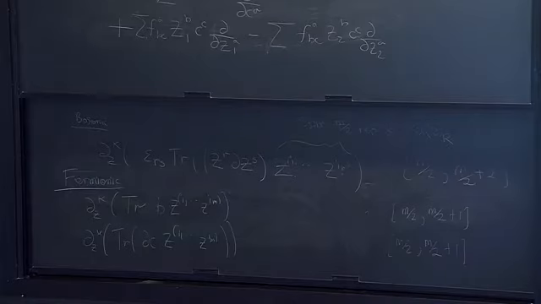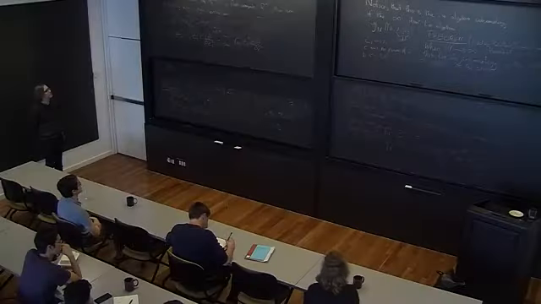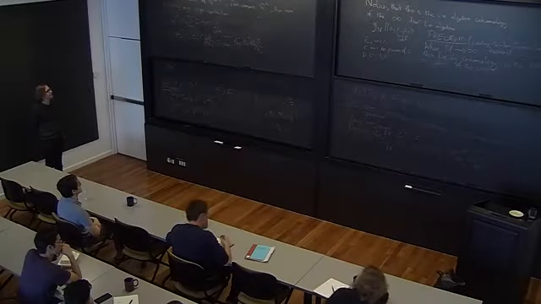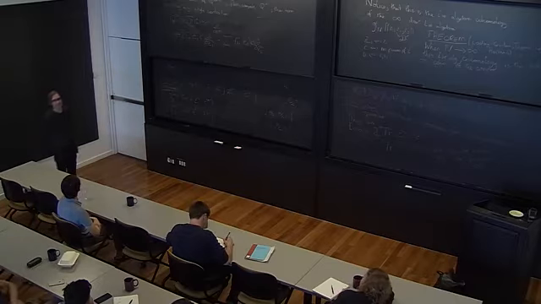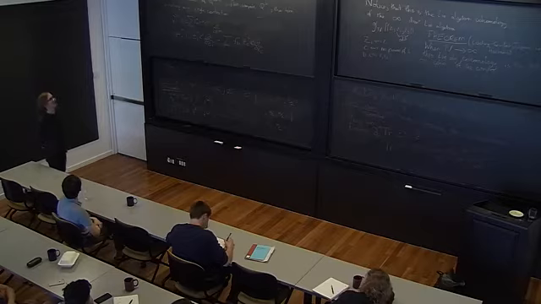Okay, so any questions about this? Maybe I should have explained more details how to get these answers, but I feel like I lost my nerve halfway through the computation.